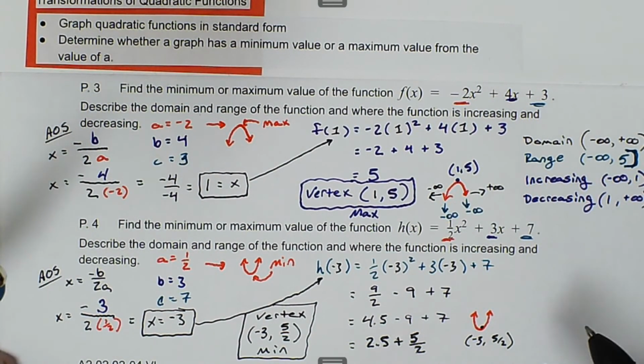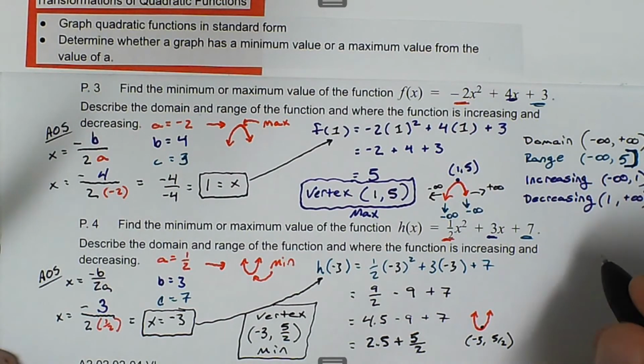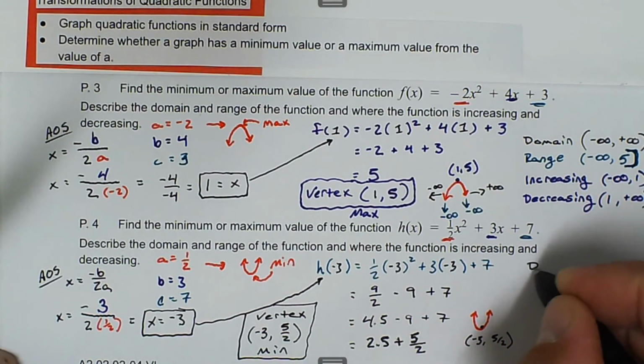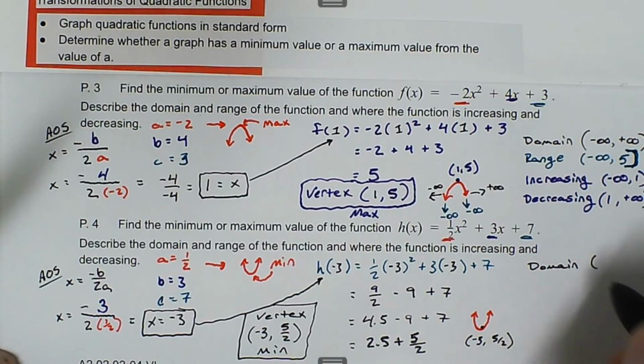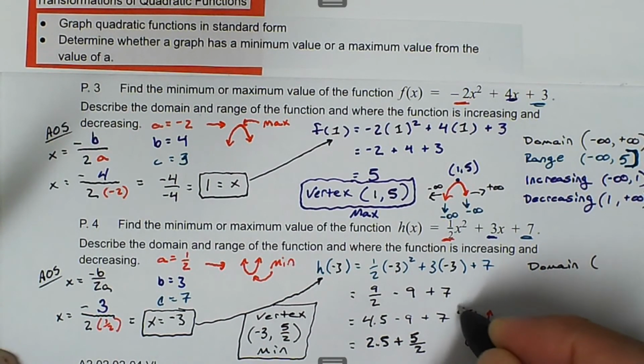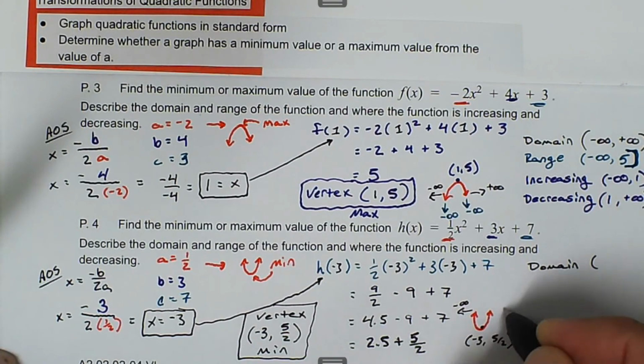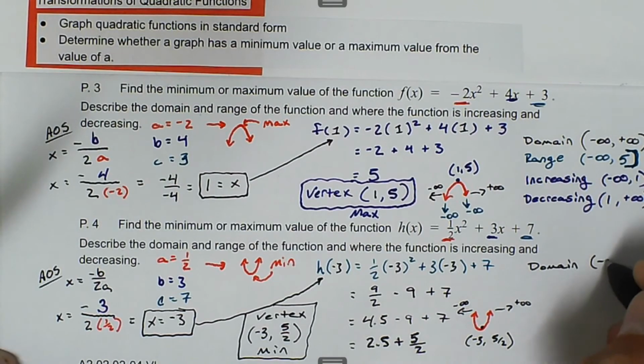So domain, the domain for parabolas, it always goes to -infinity and to +infinity in the x direction. So -infinity to +infinity.